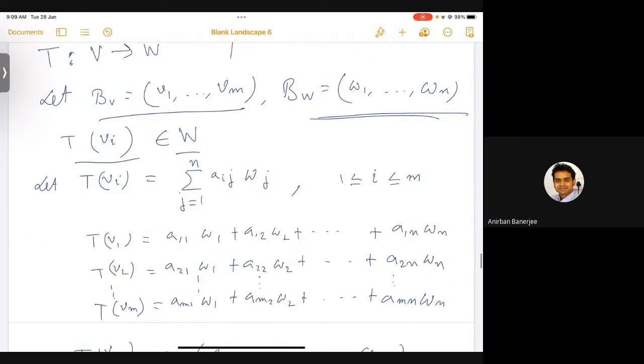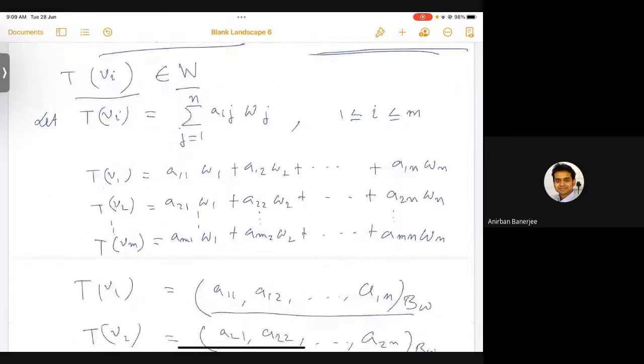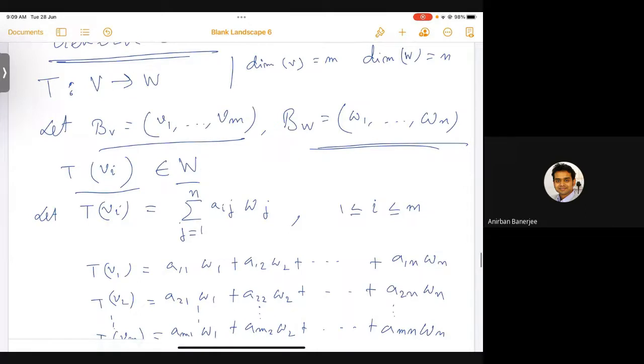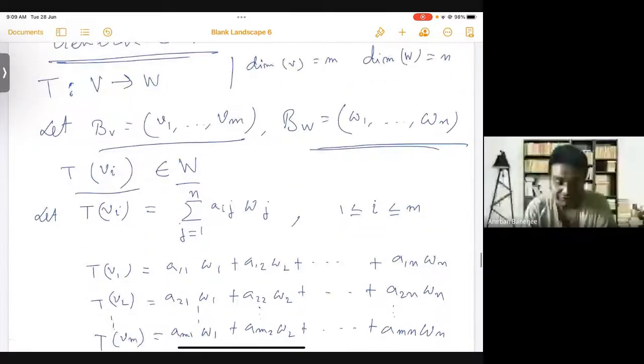That's why we take T(Vi). Whatever vector we get after the transformation, we have to express in terms of the coordinate system with respect to B_W, as a linear combination of W1, W2, up to Wm, right?